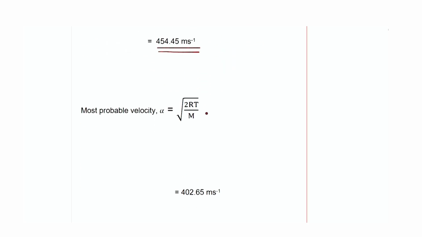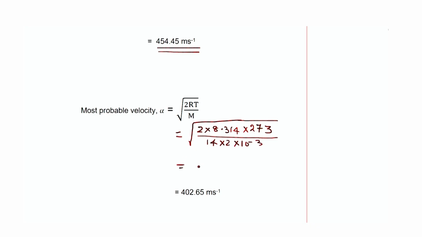Now comes the most probable velocity alpha, which is equal to square root of 2RT by M, 2 into 8.314 into the temperature 273, whole divided by the molecular mass 14 into 2 into 10 to the power minus 3, and solving you will get 402.65 meters per second.